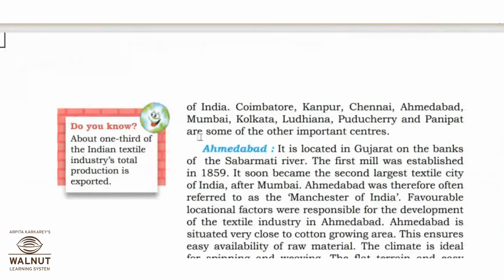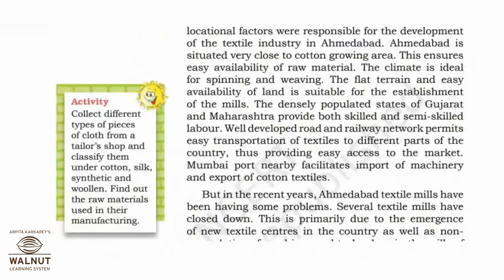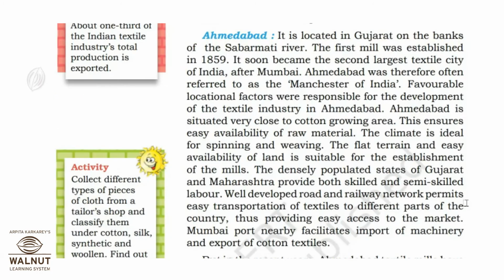But today, because science and technology has developed, artificial humidity can be created. Coimbatore in Tamil Nadu, Kanpur in Uttar Pradesh, Chennai in Tamil Nadu, Ahmedabad, which was already a leading producer, Mumbai, Kolkata, Ludhiana, Pondicherry, and Panipat have all become important centers of the textile industry. So you have to remember this, and now we are going to read this.